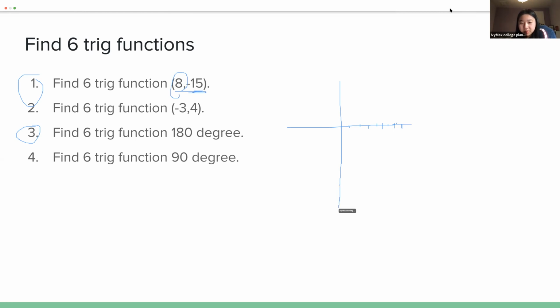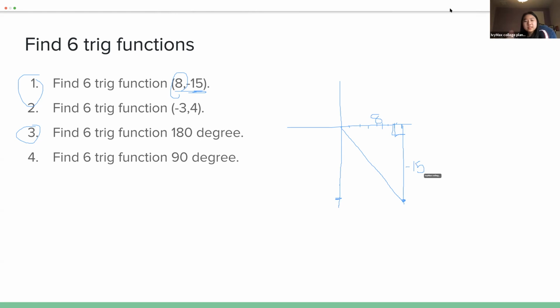So I'm not going to draw it out, but it's kind of right here. And then you connect the lines. Right now it shows you a triangle, and your 90 degrees should be right here. And then you know this side is 8 and this side is negative 15.